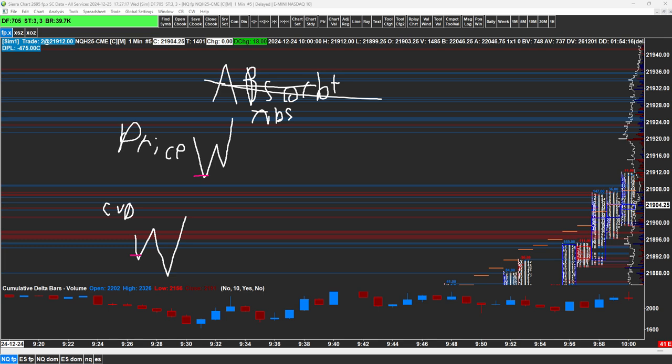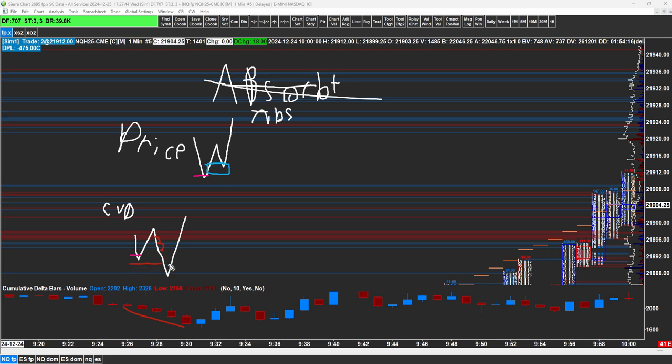So this shows us that there's aggressive selling coming in. Maybe we have aggressive selling that breaks a low. But on the price scale, what do we see? We see us staying above this. That tells us there's a passive buyer right here that's absorbing all of this selling.